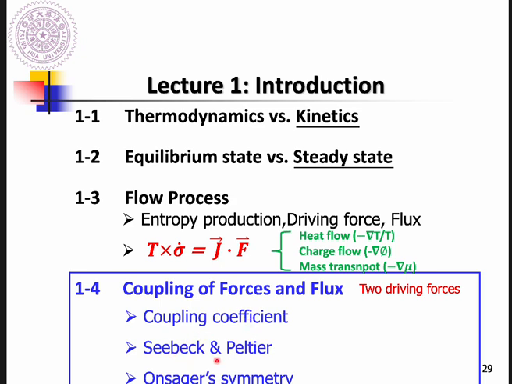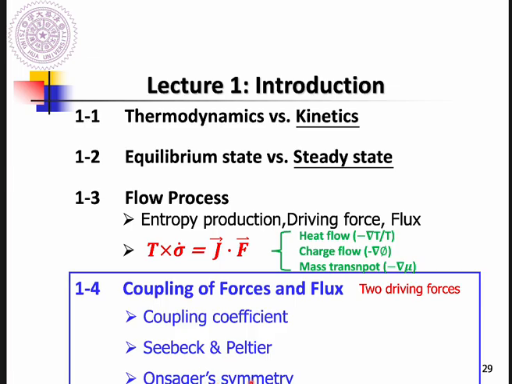Then we are going to use the Seebeck and Peltier effects as examples to show you under what kind of conditions you probably will have two driving forces applied in your material system.